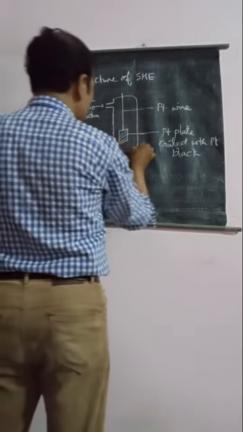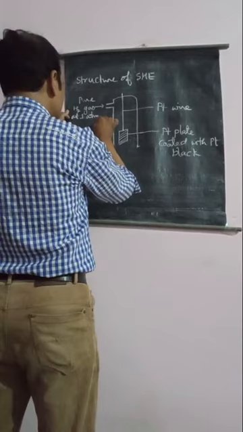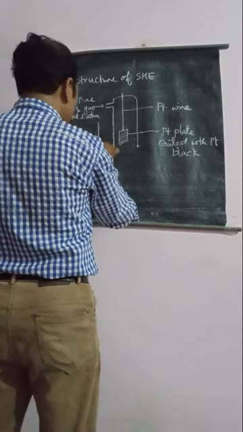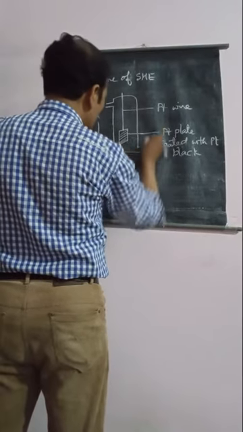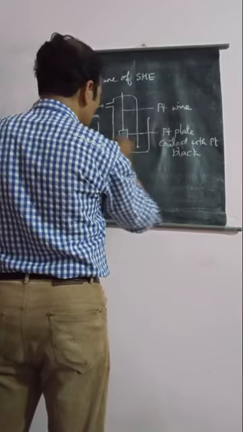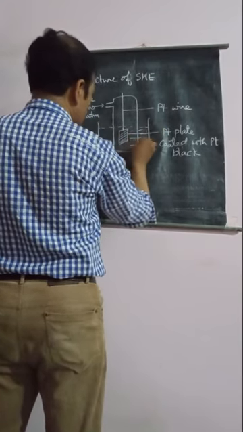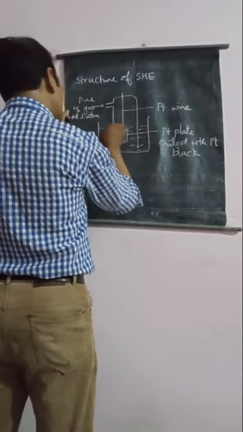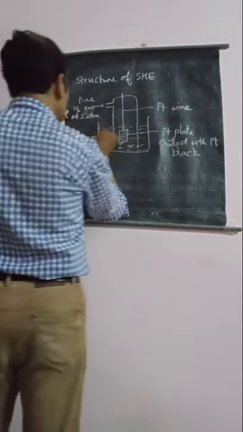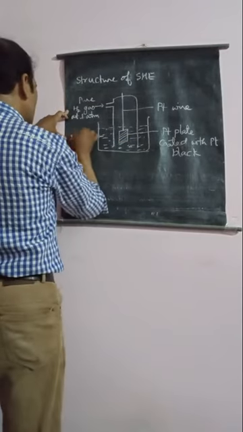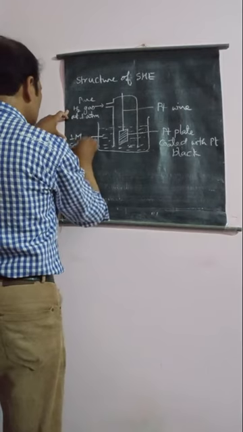Now we keep this arrangement inside the solution of an acid like HCl, where we take a 1 molar concentrated solution of either HCl or H2SO4. Generally we take the solution of HCl, so here 1 molar solution of HCl.